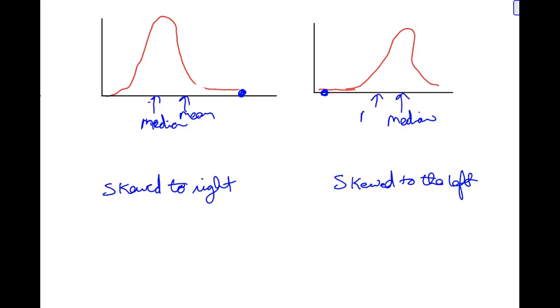And so here is the mean. Notice that the mean is generally going to be less than the median when we're talking about skewed to the left. So you can actually look at your calculated measures of center, mean, and median, and determine which way is my histogram going to be skewed, or is it going to be symmetric?